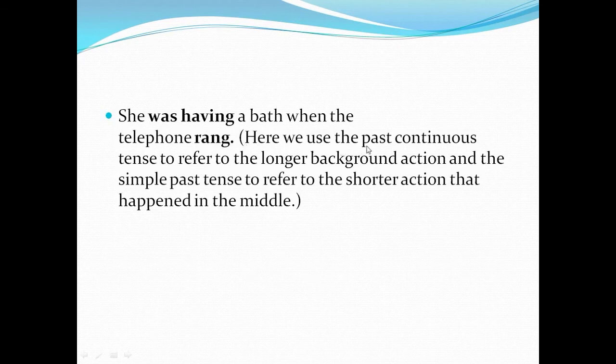Here we use the past continuous tense to refer to the longer background action and the simple past tense to refer to the shorter action that happened in the middle. يعني هنايا هاد الأحداث فيهم واحد الحدث اللي هو قصير اللي هو rang اللي هو في simple past، was having حدث طويل اللي هو continuous past.